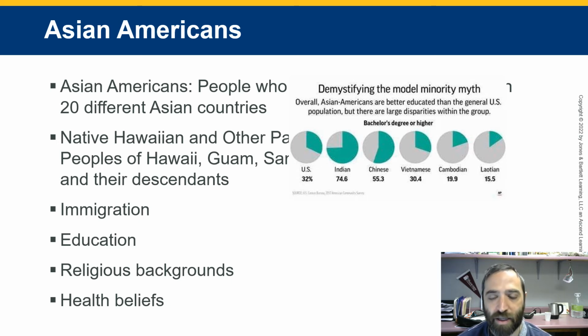You have Islamic people coming from, there's one country that's considered the model Muslim country, and I think that's not Bangladesh, but anyway, one of the islands that's south of Vietnam. So anyway, a lot of different religious backgrounds, and those are going to impact health because many of those incorporate different health practices related to the religion.